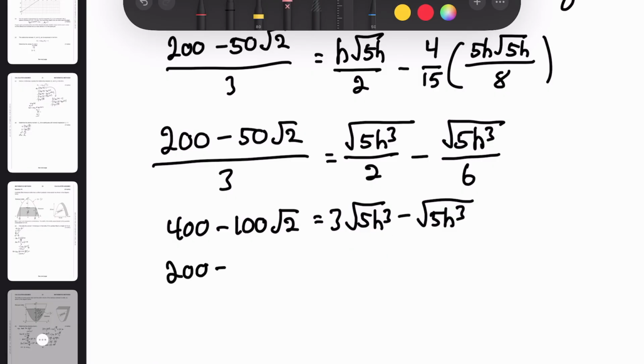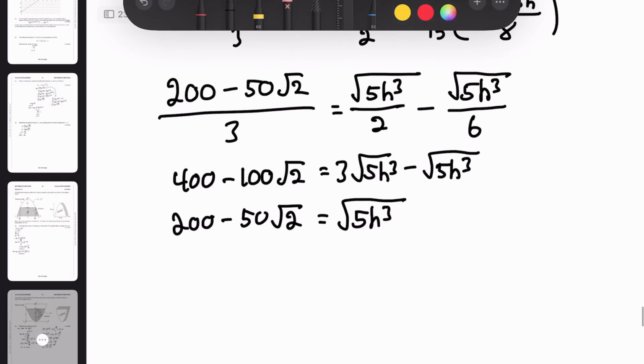So 200 minus 50 square root of 2 is equal to root of 5h to the 3, straight like that.